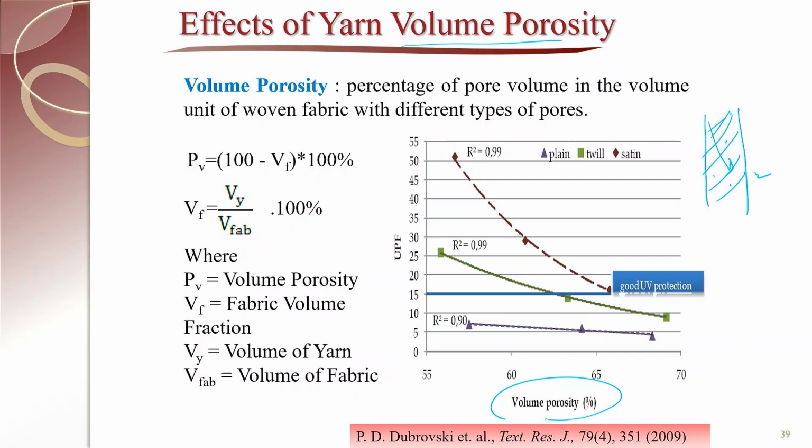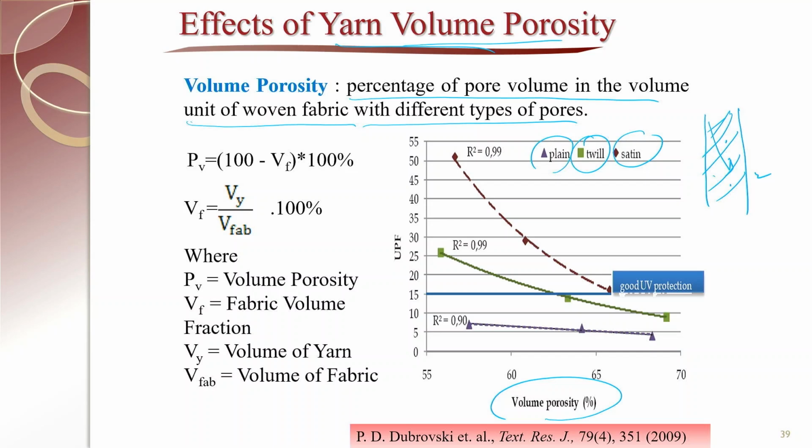Here, yarn volume porosity means the percentage of pore volume in the volume of the woven fabric, with different types of pores. The pores are generated by the 3D volumes if we calculate the total volume, and the shape and type of volume depend on the different types of weave.